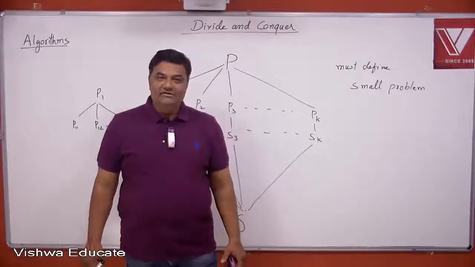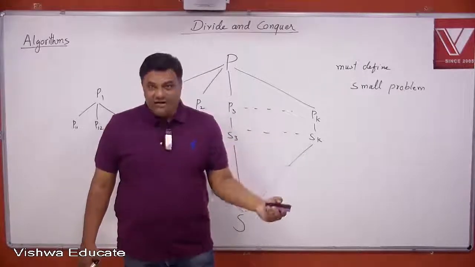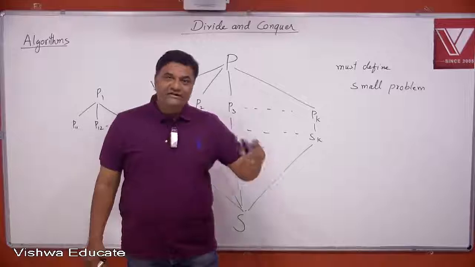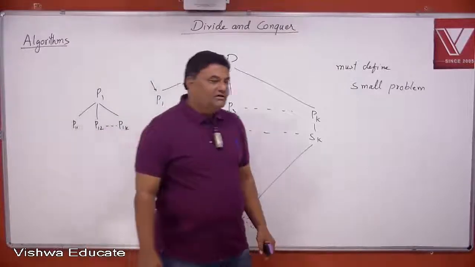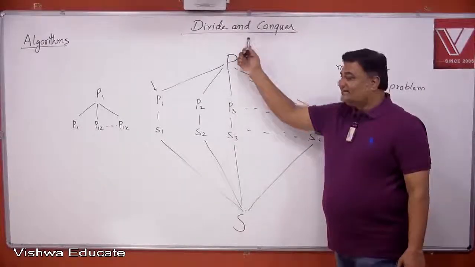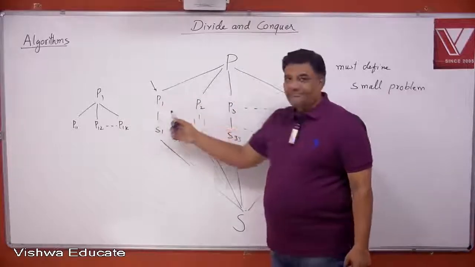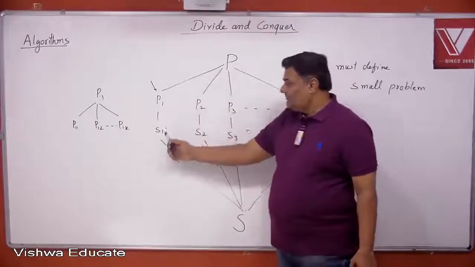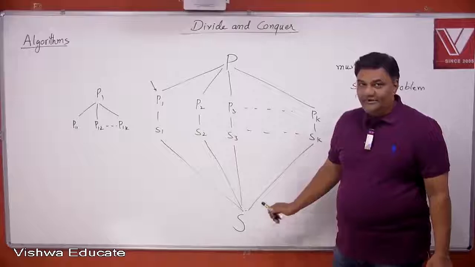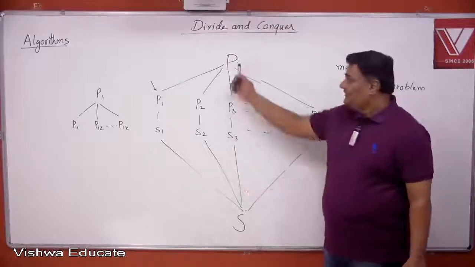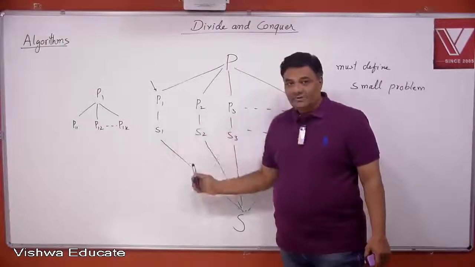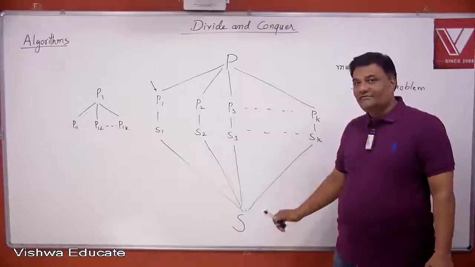So when you apply a divide and conquer strategy on some problem, you must define what a small problem is. Then, if it is not small, it is large. I repeat, you have to take this down. Divide and conquer strategy says that if the problem is large, then split the problem into K sub-problems, solve the sub-problems, get their solutions, and combine the solutions of the sub-problems to get the solution for the main problem.